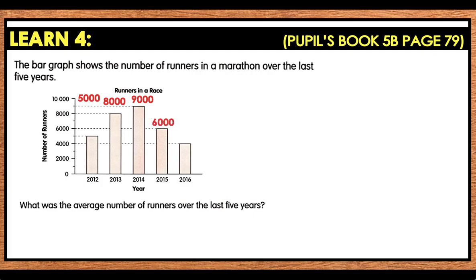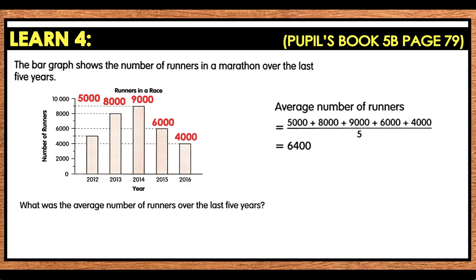And 2016 is 4,000. So to get the average number of runners, I will add 5,000 plus 8,000 plus 9,000 plus 6,000 plus 4,000 and divide it by 5. You will get 6,400.